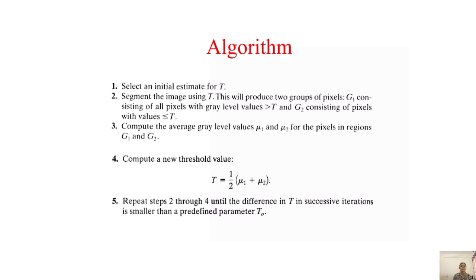Then compute a new threshold T as 1/2 (mu1 + mu2), and repeat steps 2 to 4 until the difference in T between iterations is smaller than a particular parameter G0. That is how you start the algorithm.